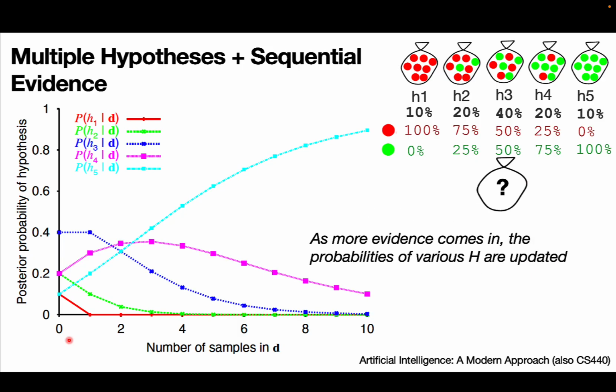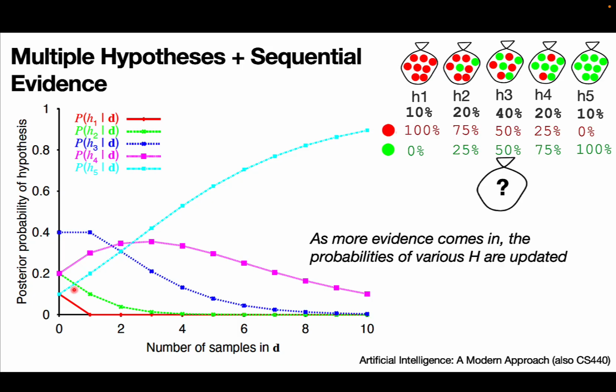As we continue to draw more and more candies from these bags, you notice that the probabilities are being updated based on what we have seen so far, and also based on the proportions of lime versus cherry.